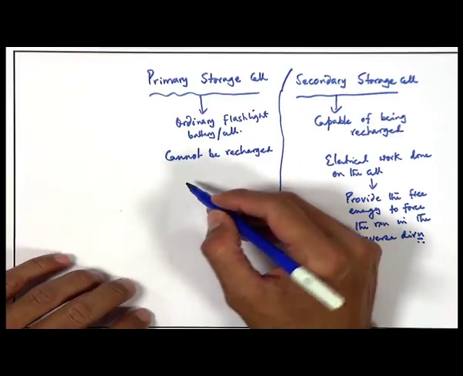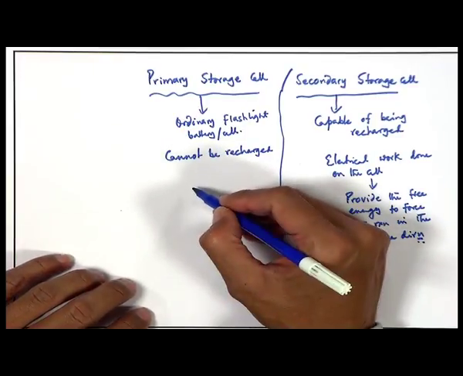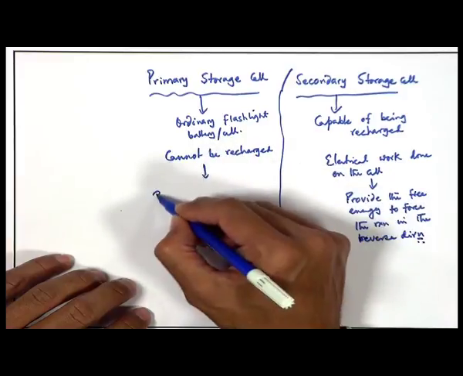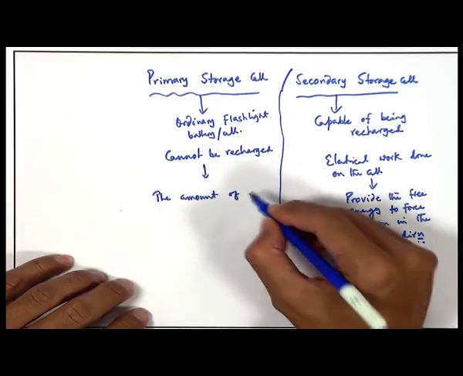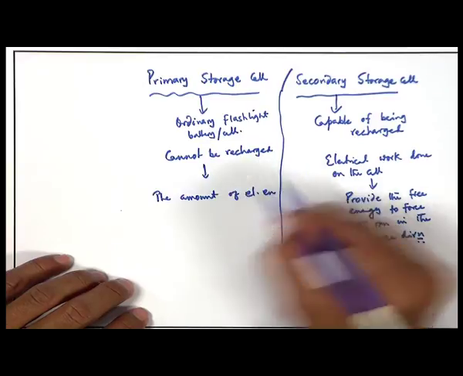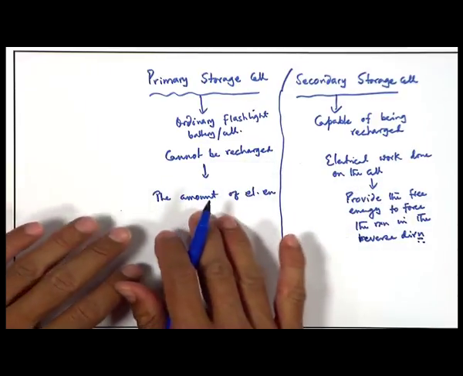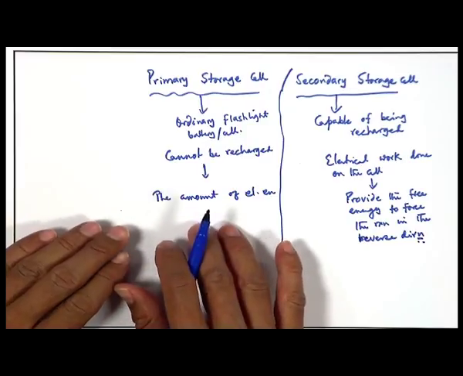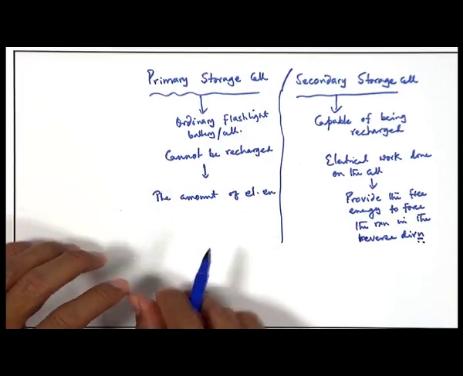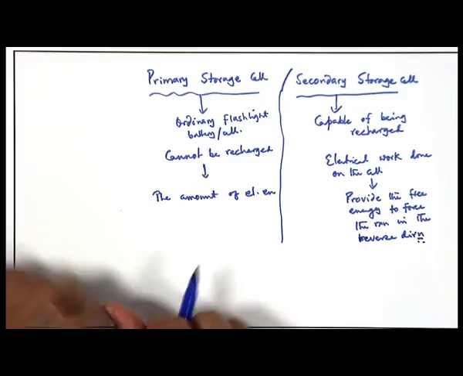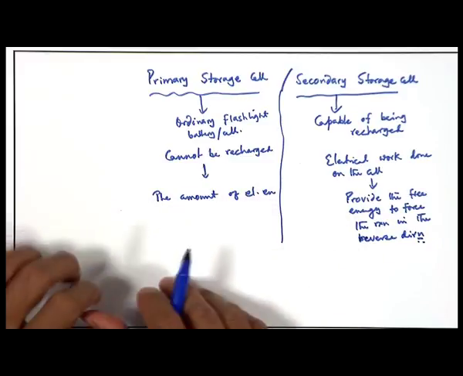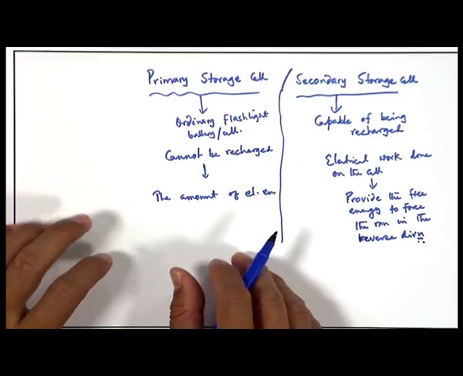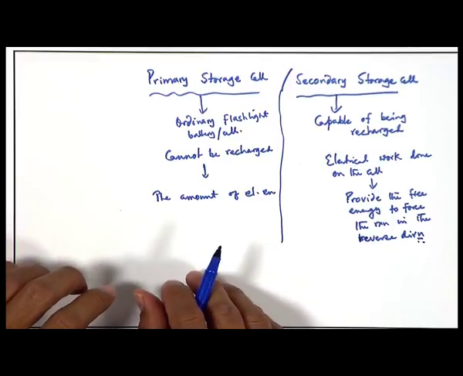Okay. And the amount of electrical energy that it can deliver will depend on the amount of chemical substance that is there while it is manufactured. Once that stored chemical is exhausted, the battery life is gone or the battery dies.